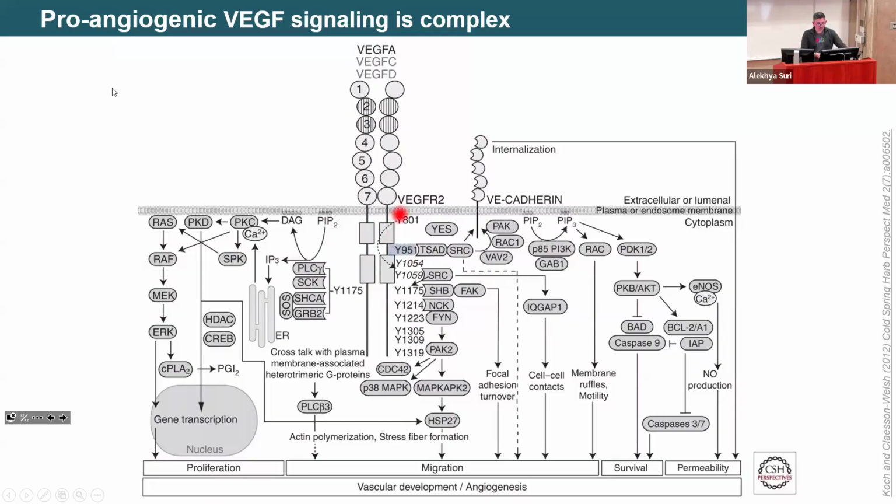And all of these Y with numbers represent tyrosine residues in the intracellular domain of the receptor that may or may not be phosphorylated as a result of receptor activation. So that's the center column here, right? The receptor and the different tyrosines. Now, these tyrosines that I just highlighted there, 801, 1054, and 1059, are probably the best characterized.